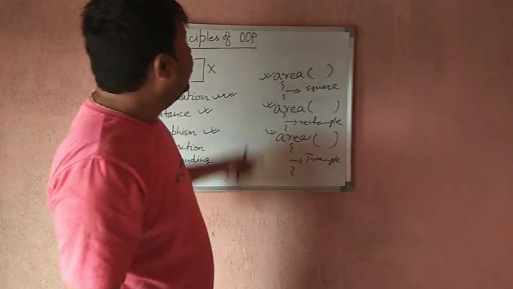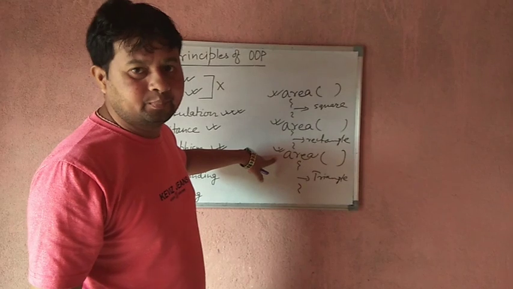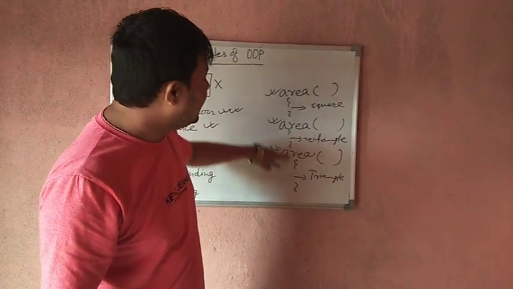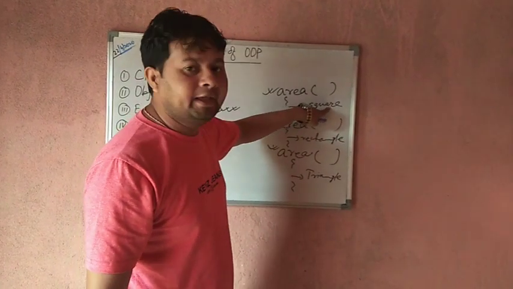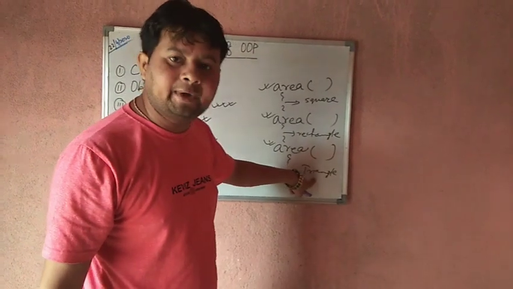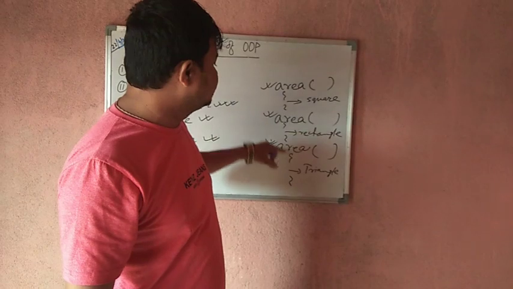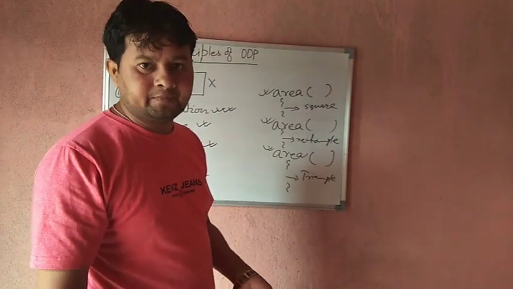It means their external interface is the same, but their internal coding is different. That is why one is producing the area of a square, one the area of a rectangle, one the area of a triangle. External interface is the same, internal coding is different.